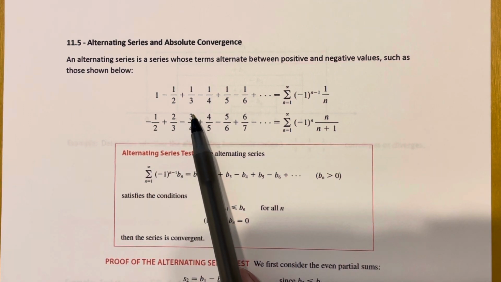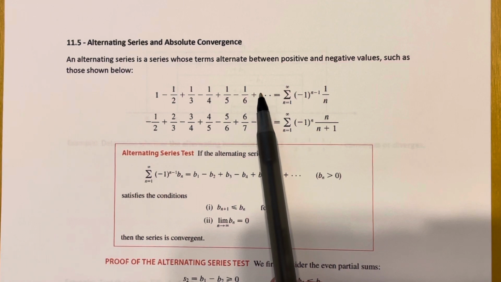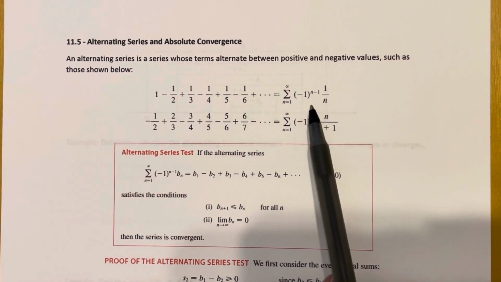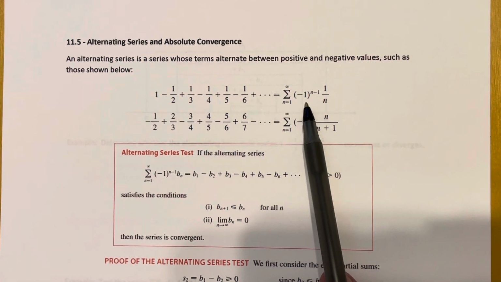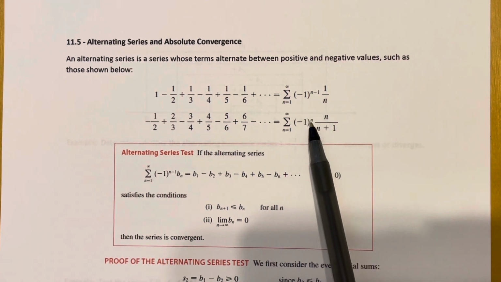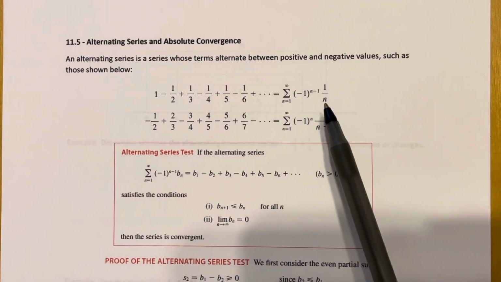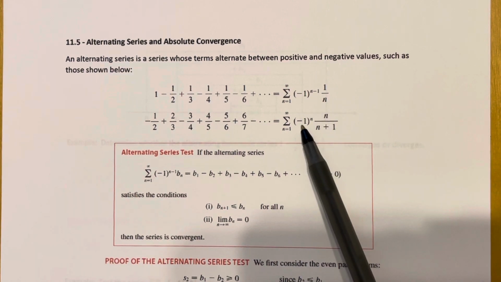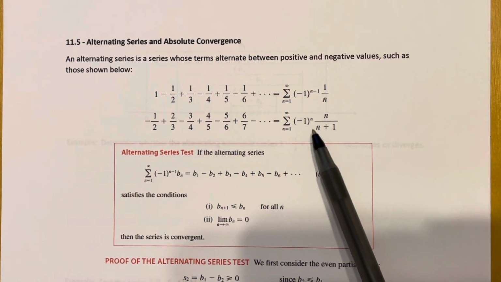negative values. When we write these in summation notation, we tend to see something like this, -1 to a power involving the n somehow. So it could be -1 to the power of n, or -1 to the power of n minus 1, or n plus 1, things like that. Because if you look at either of these, let's take -1 to the n, for example.